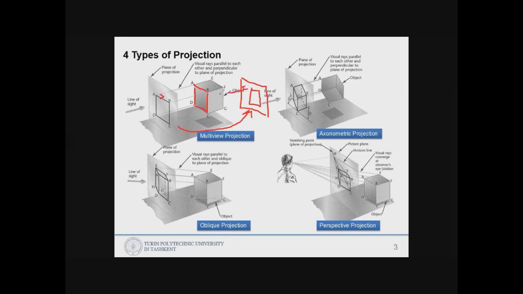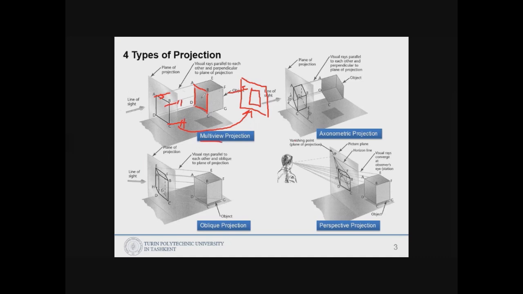Everything will be at 90 degrees. So the rays, as we are seeing from each side, will be parallel and also at 90 degrees to the projection plane. So that's multi-view projection.